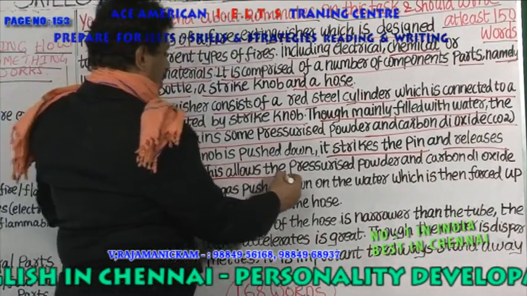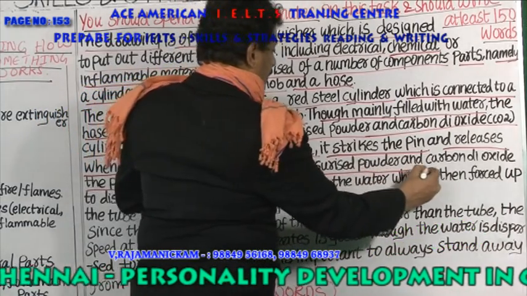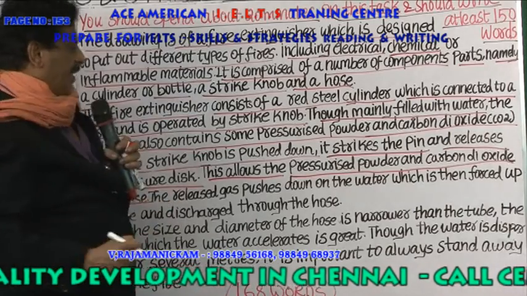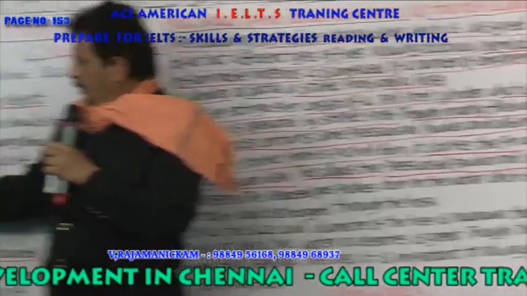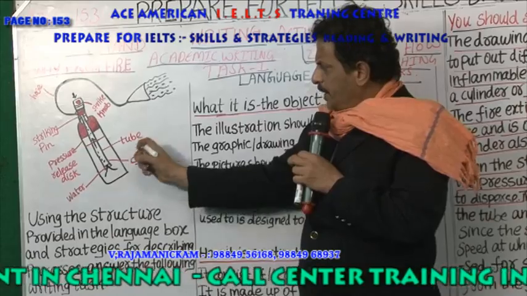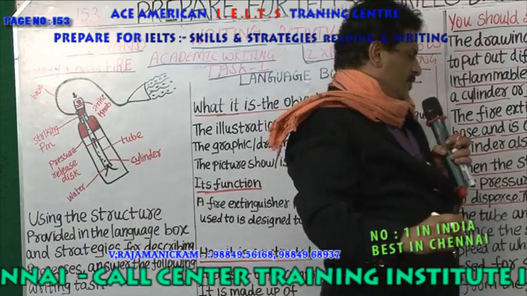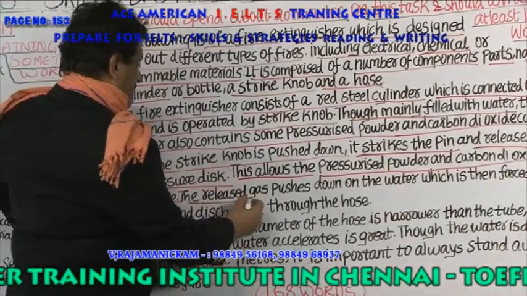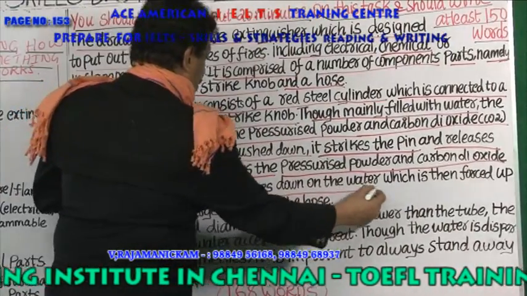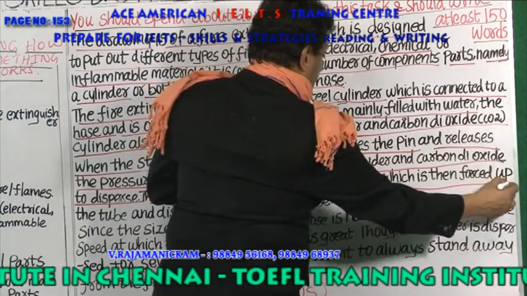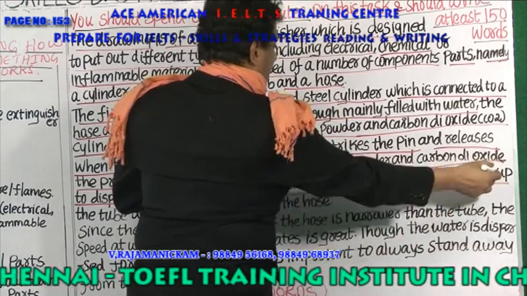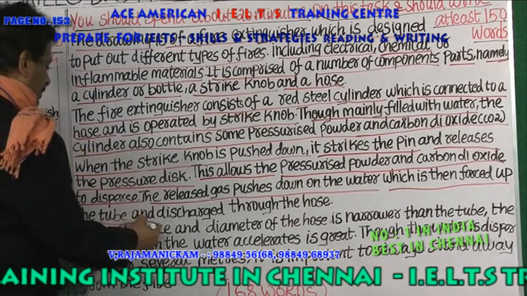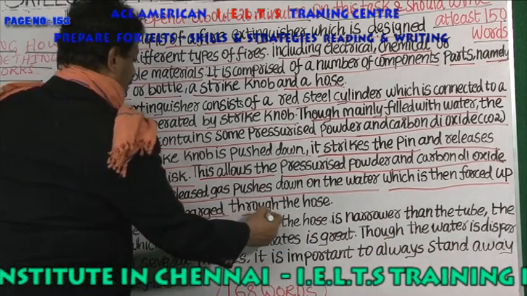Yes, this allows pressurized powder and carbon dioxide to disperse. So as you press, the pressurized powder and the carbon dioxide is released. So next what happens? Yes, the released gas pushes down on the water, which is then forced up the tube and discharged through the hose.